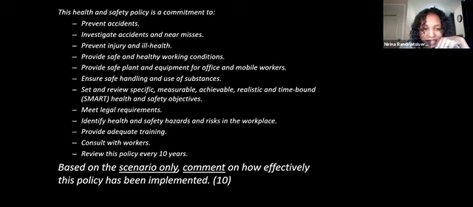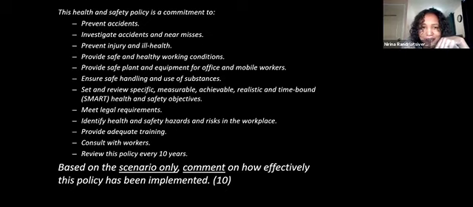And it's 10 marks. You will have more than 10 pieces of information if you just go through all these points one by one and then comment whether they were effectively implemented or not. A common mistake is that some people will just provide a short answer to say that the policy was not effectively implemented, and that's it.